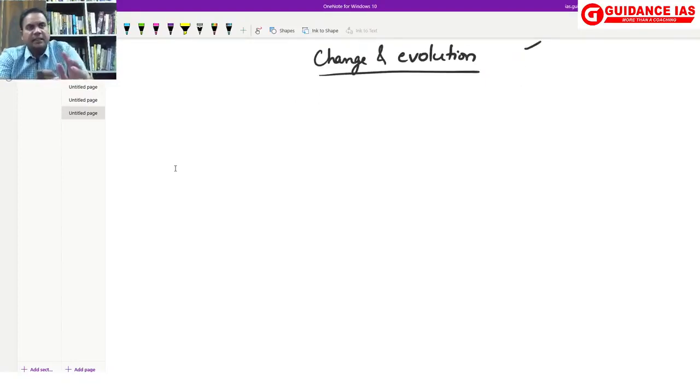So what we are saying is that in geography, geographers have been very commonly using these terms, dichotomy and dualism, as interchangeable terms. You might have seen, some of you might have read books like Savindra Singh or Majid Hussain, and you might have seen this tendency to not differentiate between dichotomy and dualism. Have you seen that?